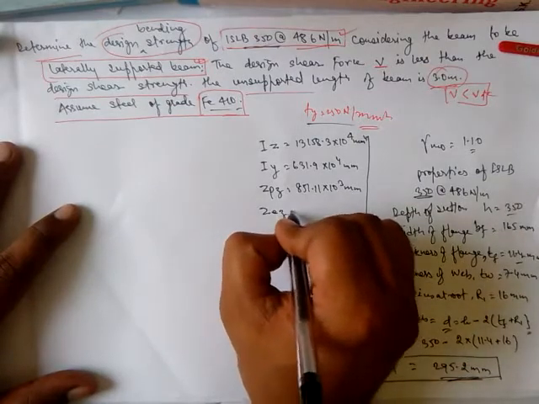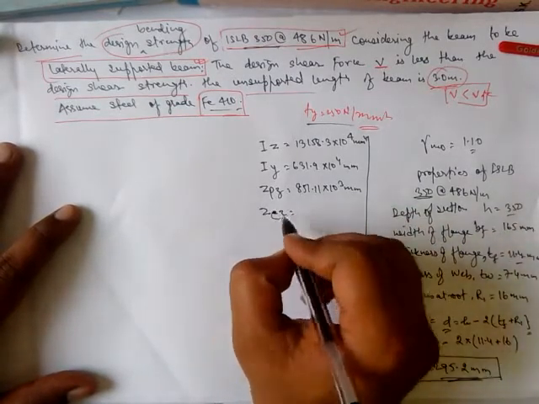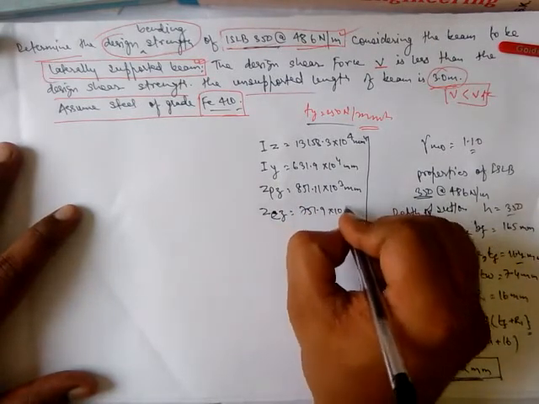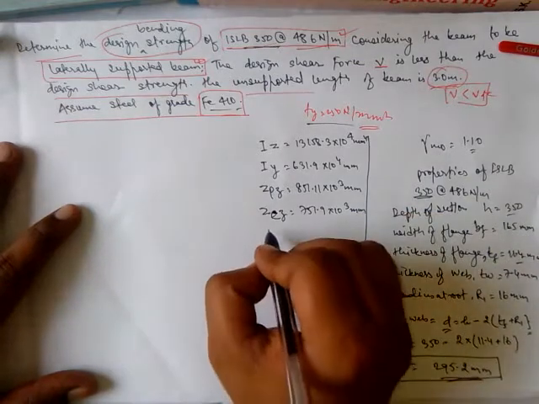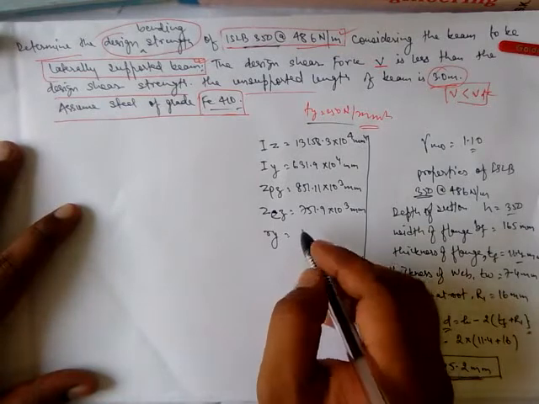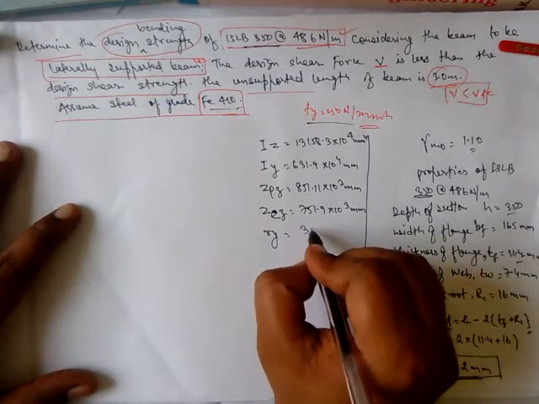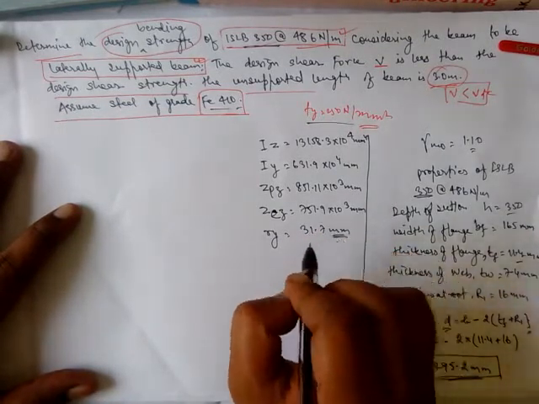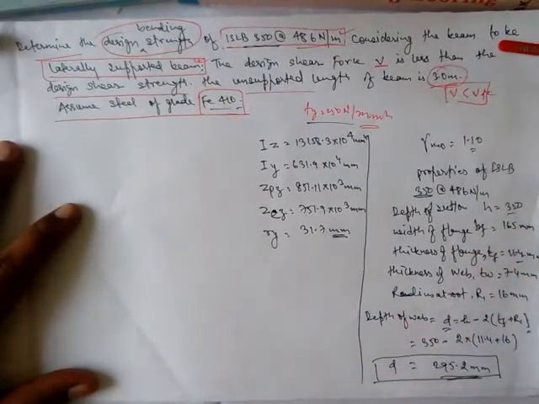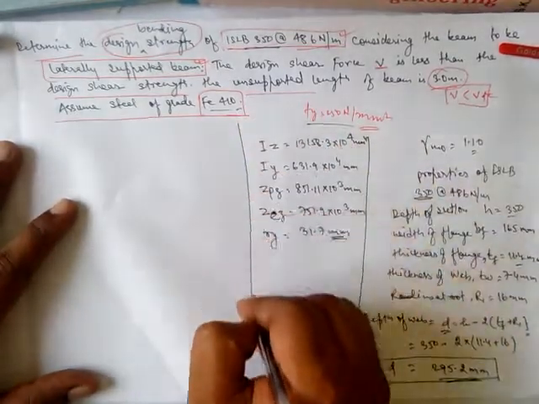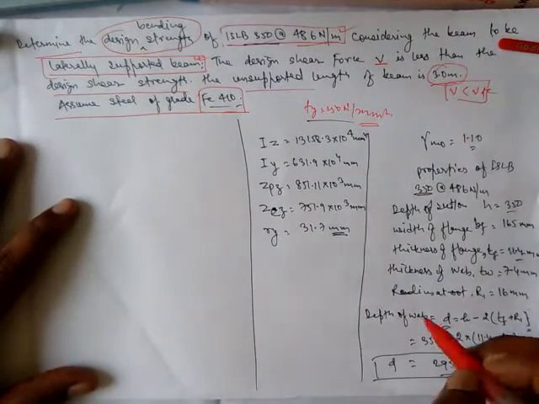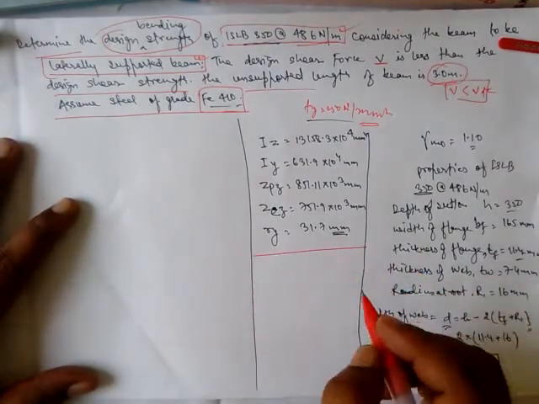Elastic modulus about Z axis, Ze, is 751.9 into 10 to power 3 mm^3. And radius of gyration about Y axis is 31.7 mm. So this much data is given in the steel table. Steel table is very much essential for solving the beam question for design of beam.